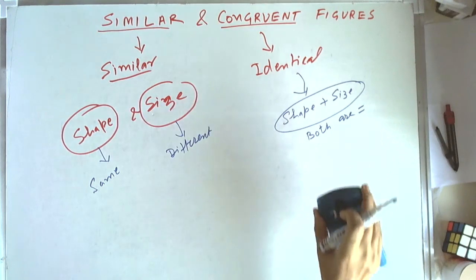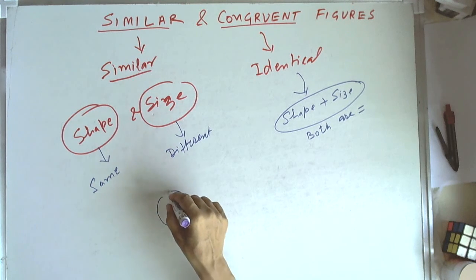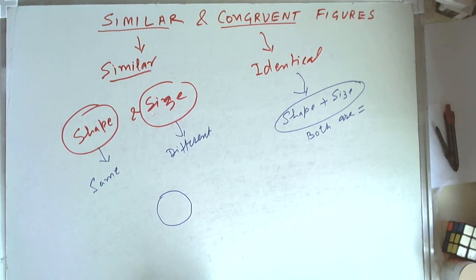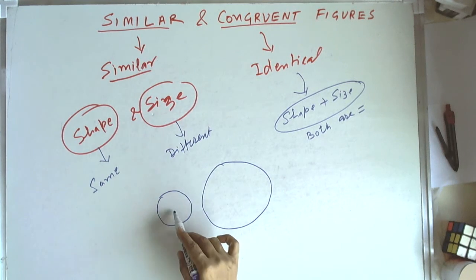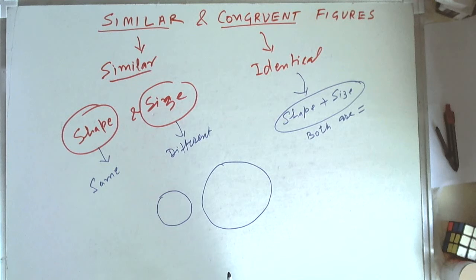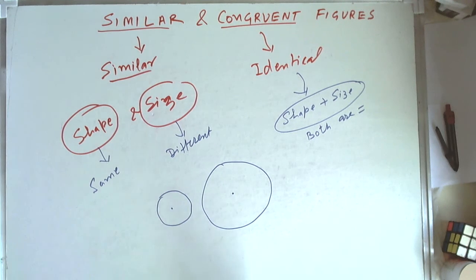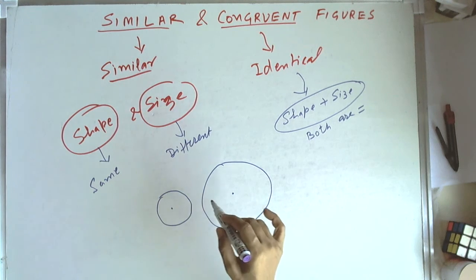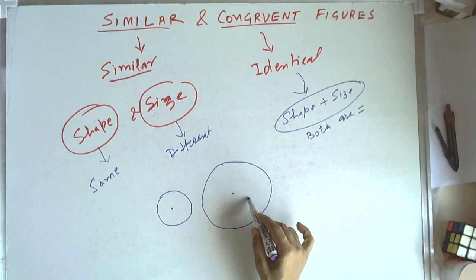Say for example, if we have a circle, and now we have another circle which is much bigger. Both are circles, so they are similar. But are they congruent? No, they are not, because this is smaller, this is bigger.